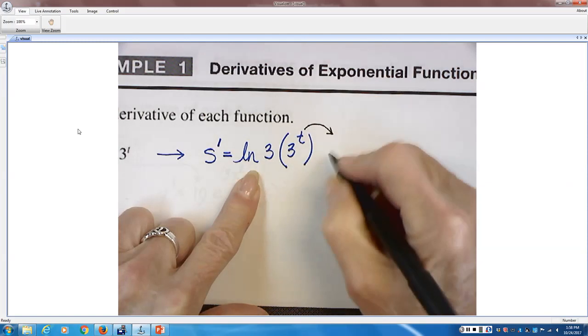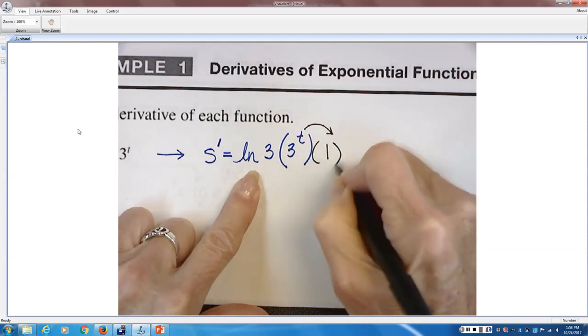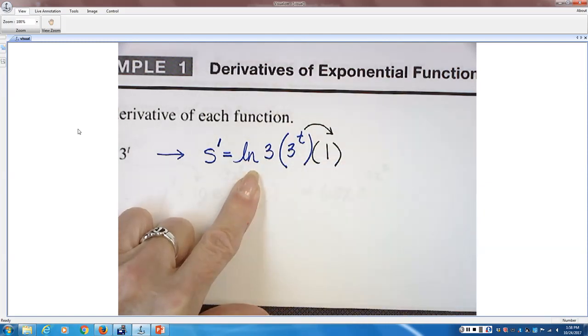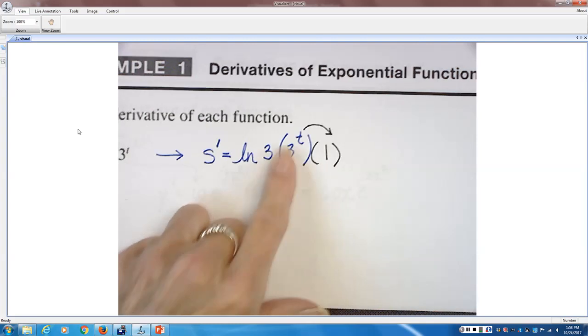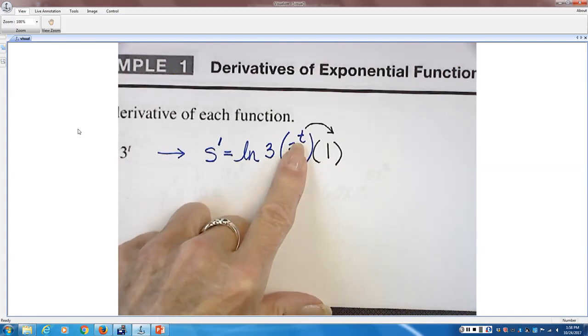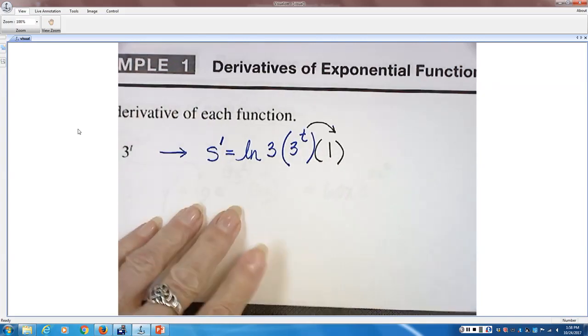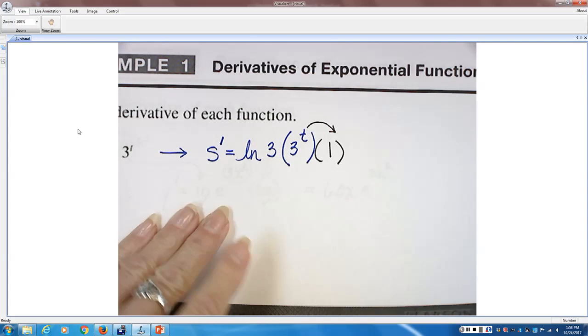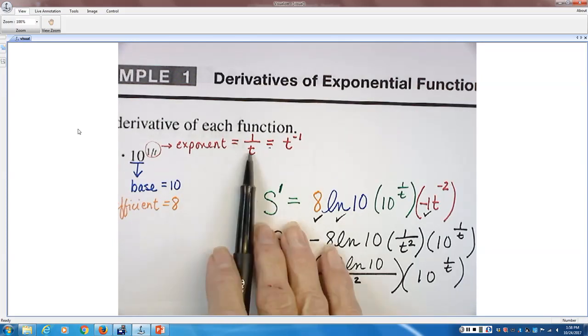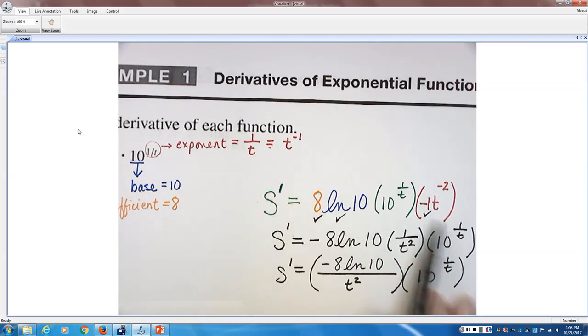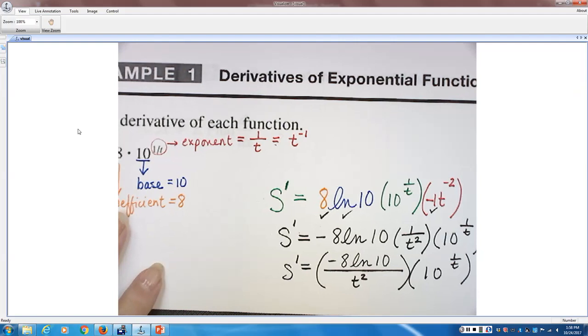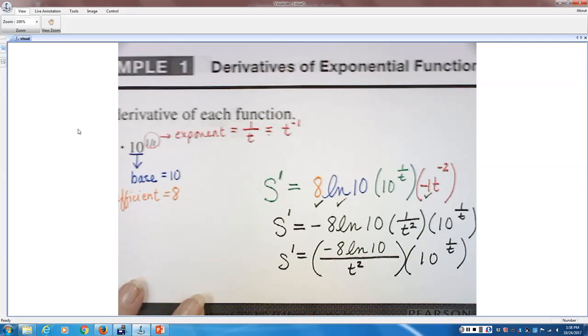Because the derivative of t is 1. Oh, so you would have to do that, but it was just... Yeah, you really are doing it, but you know that the derivative of t is 1 and it doesn't change anything. But when we look at the one we're on now, you're talking about the derivative of 1 over t or t to the negative 1, and its derivative is not 1. Right, okay. Any other questions? Those are good questions.